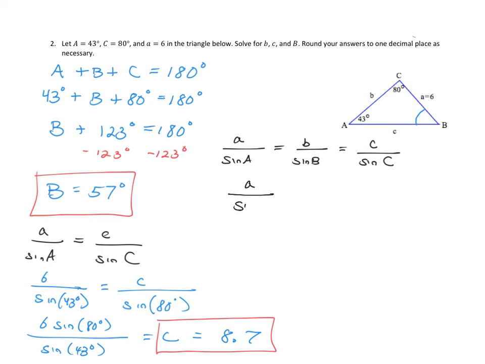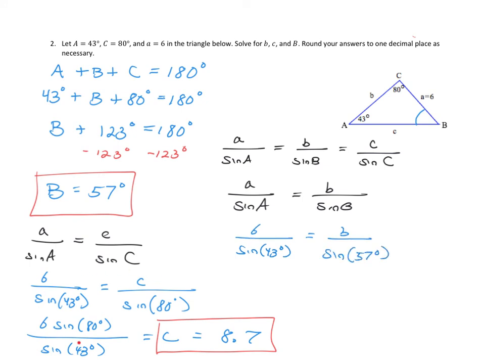A over sine of A is equal to B over sine of B. So in this equation, the only thing I don't know is B, but I know every other part. That is 6 over sine of 43 degrees is equal to B over sine of 57 degrees.